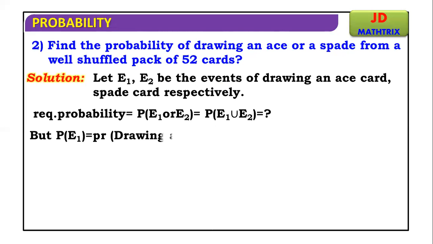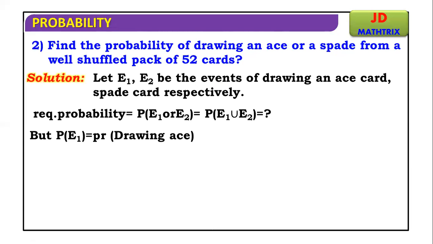P of E1 is equal to probability of drawing an ace. We have total 52 cards, that is N of S is 52C1, and we have only 4 aces in the pack of 52 cards. If you draw an ace, you can get any one ace.